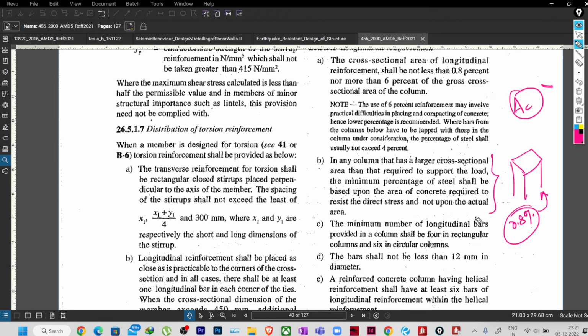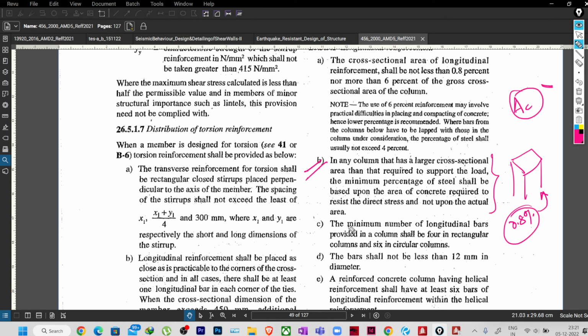It is actually meant to say that whenever you are providing minimum reinforcement, if the area of concrete you have given is much more than required, the percentage of reinforcement should be based on the area which is actually required.